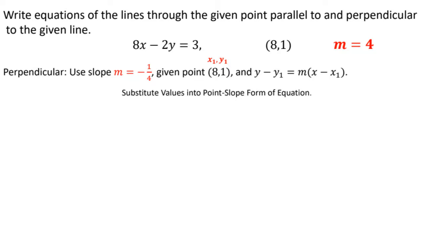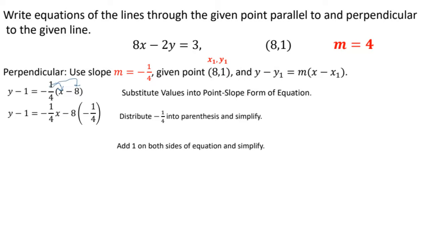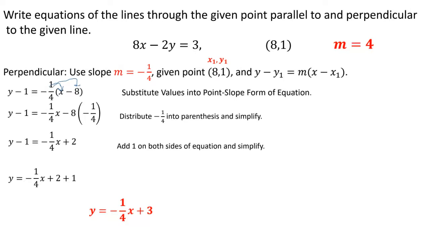So the perpendicular slope is going to be negative 1/4. Then again, I replace everything that I know into the point-slope formula, distribute and simplify, and at the end solve for y because they want the answer in slope-intercept form. My answer for the perpendicular equation is y equals negative 1/4 x plus 3.